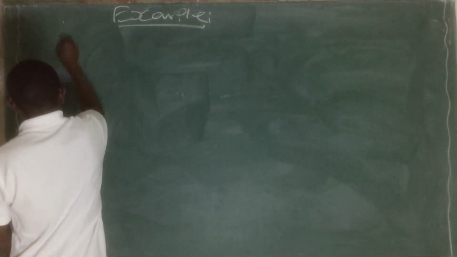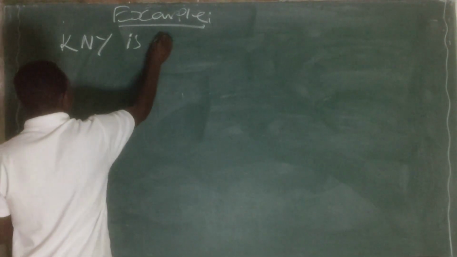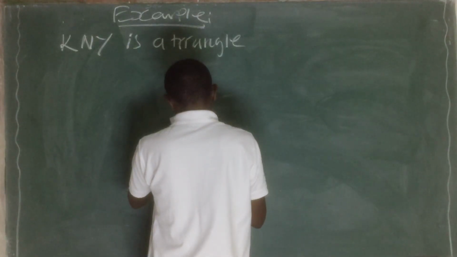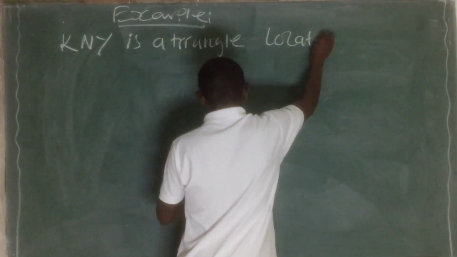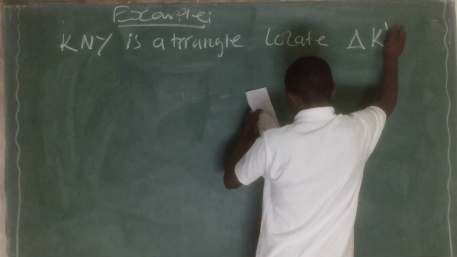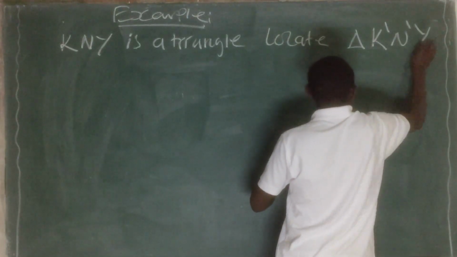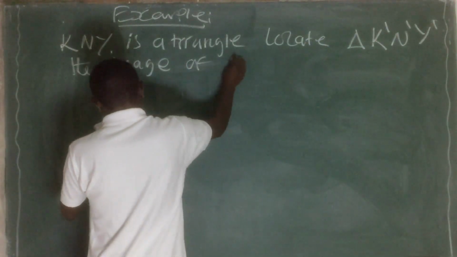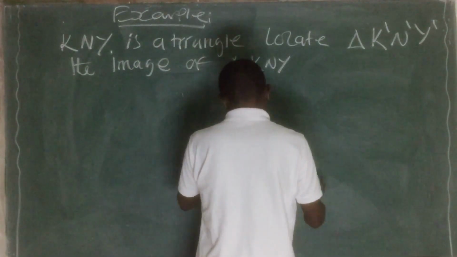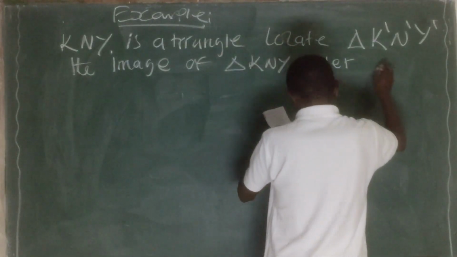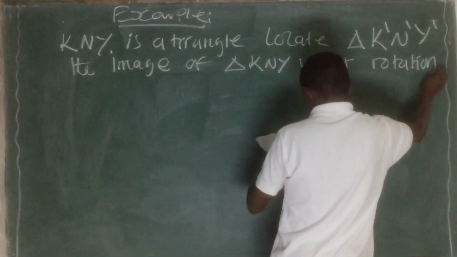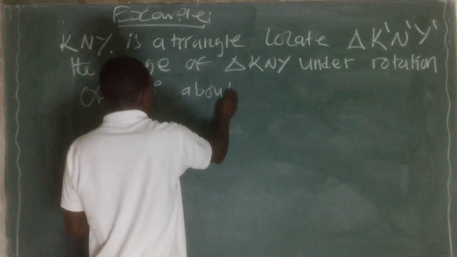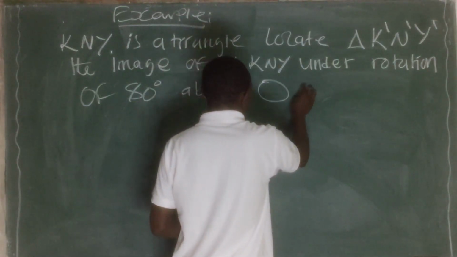So we have this K N Y, a triangle. We are asked to locate triangle K'N'Y', which is the image of triangle KNY, under a rotation over 80 degrees about O, which is your center of enlargement.